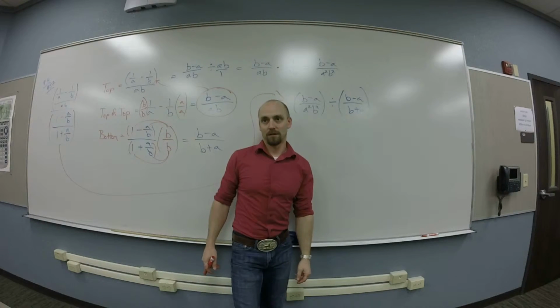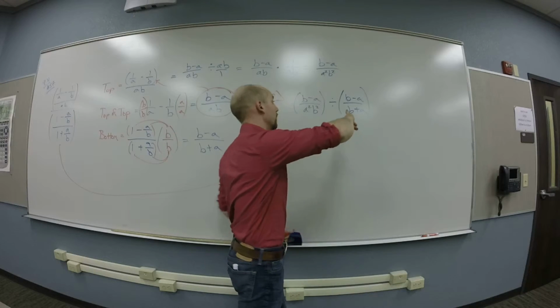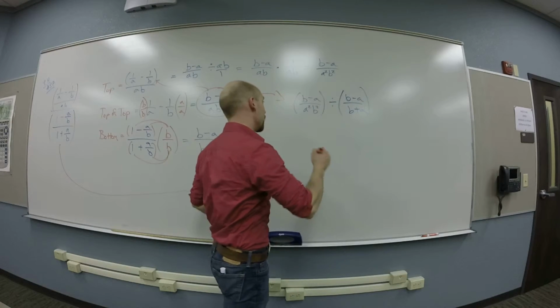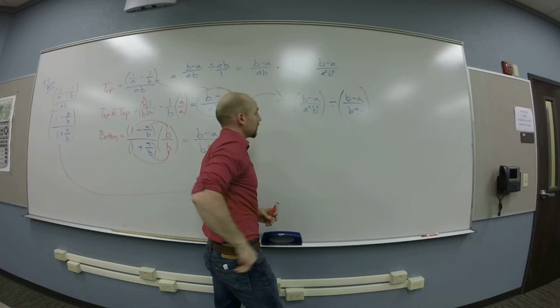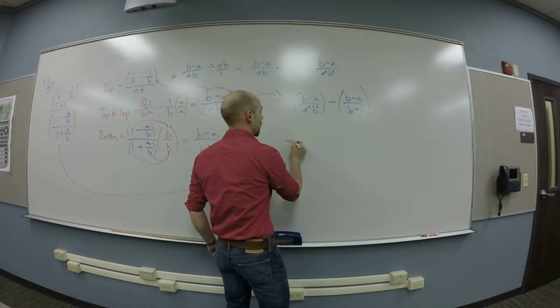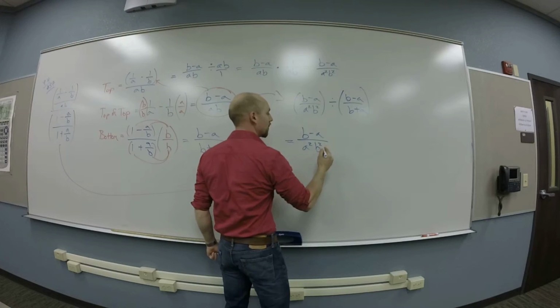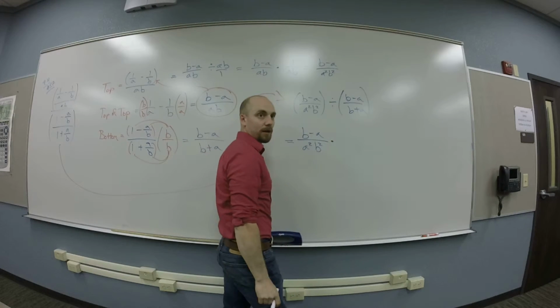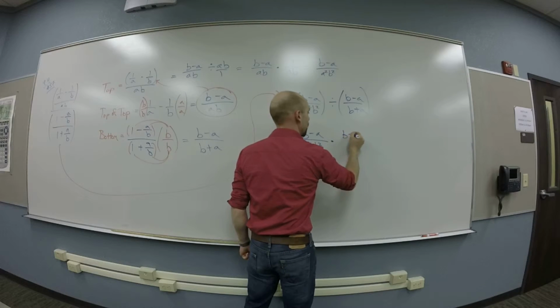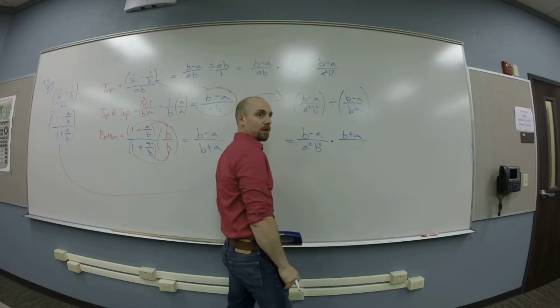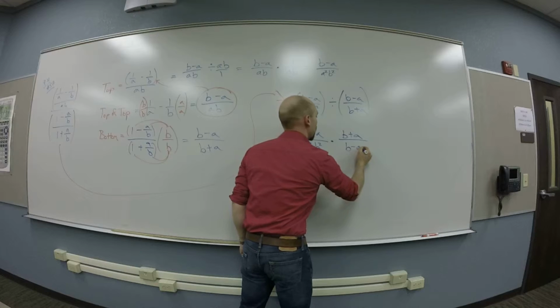Okay, then what? Yeah, then we flip the divided by bit over. So we get B minus A over A squared B squared multiplied by B plus A divided by B minus A.